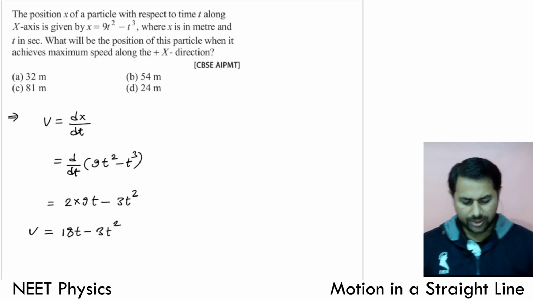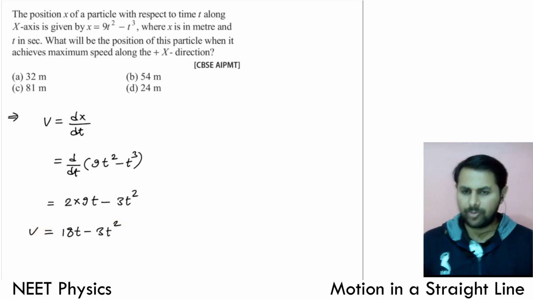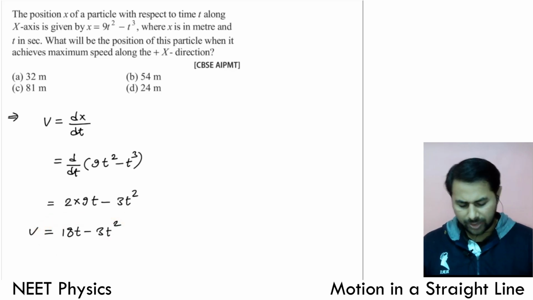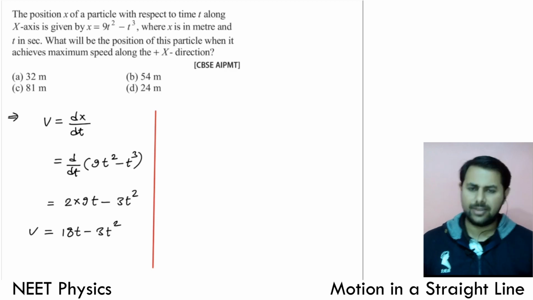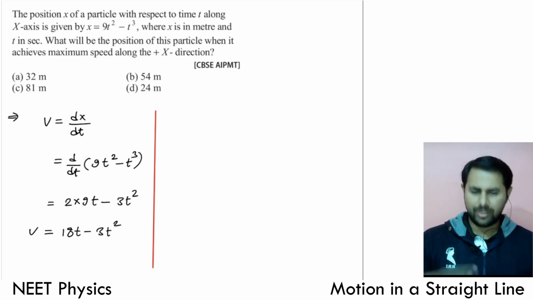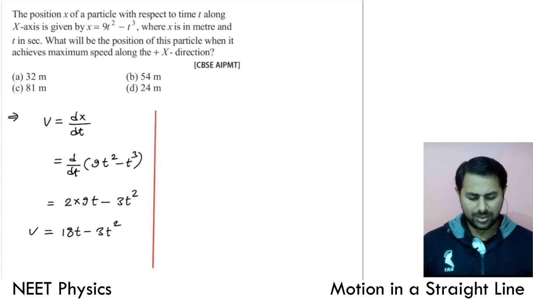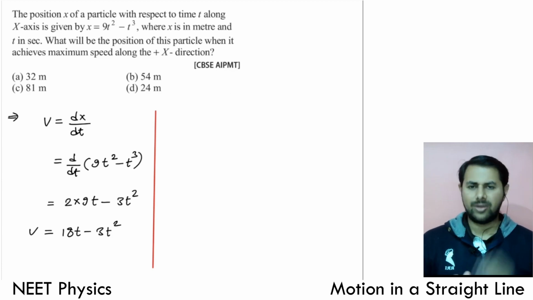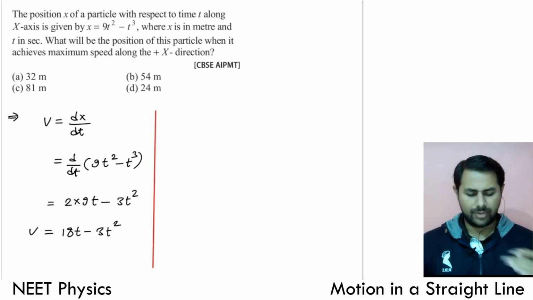This is velocity and you want maximum speed, maximum velocity. So what does that mean? It means that the derivative of velocity would be equal to 0. Remember maxima minima, at the position of maxima or minima, the derivative of a quantity is equal to 0, right? So when velocity is maximum, what happens?